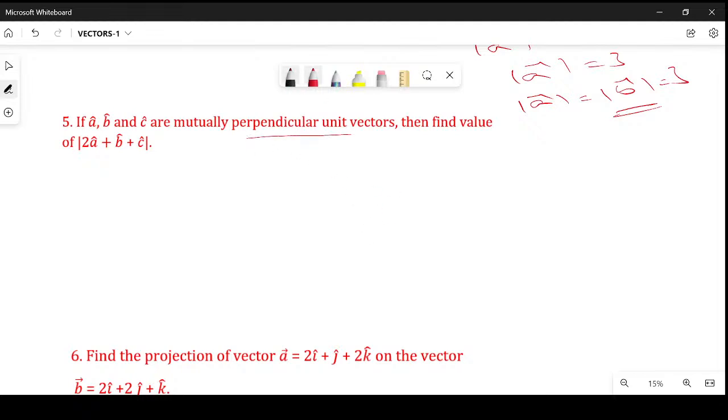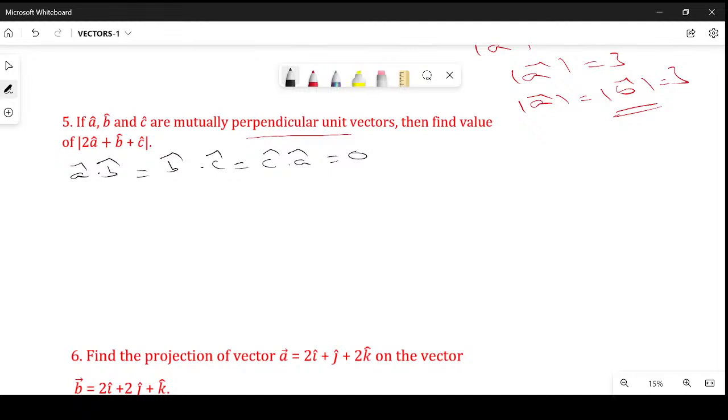The magnitude is 1. I can also write a cap dot b cap is equal to b cap dot c cap, c cap dot a cap equal to 0. Why? Because they are perpendicular. When two vectors are perpendicular, their dot product is equal to 0.